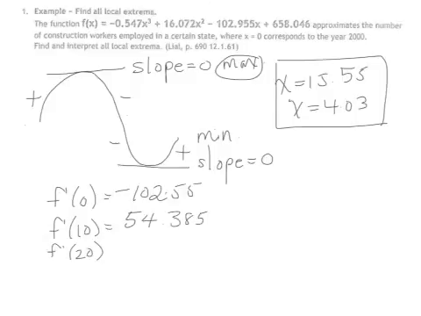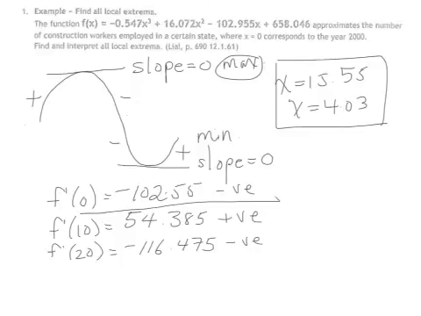We find that f prime at 20 is negative 116.475. Okay, so you can see that the values of these test points are changing. So here we have a negative slope, a positive slope, and a negative slope. Our points at the extrema sitting in the middle. So we've got x is 4.03, and sitting in between here, we have x is equal to 15.55.